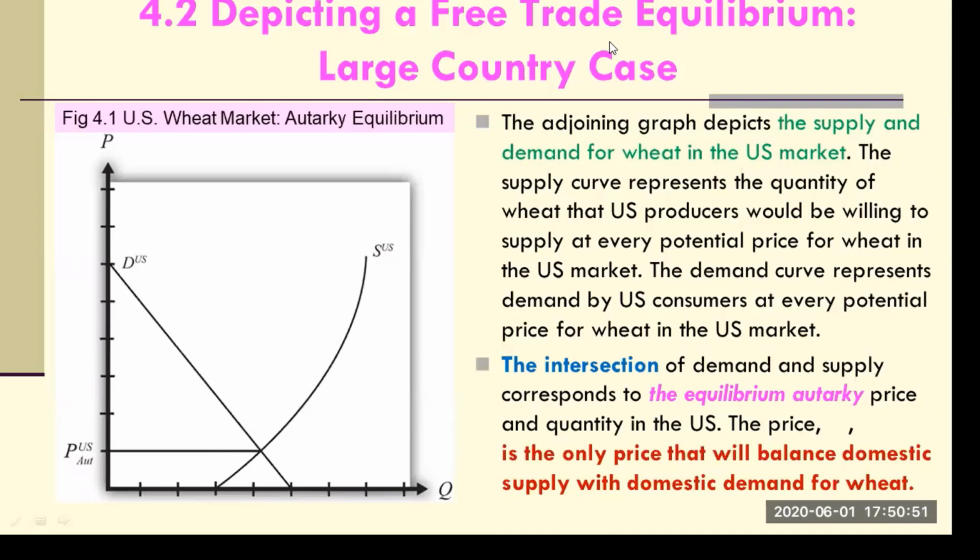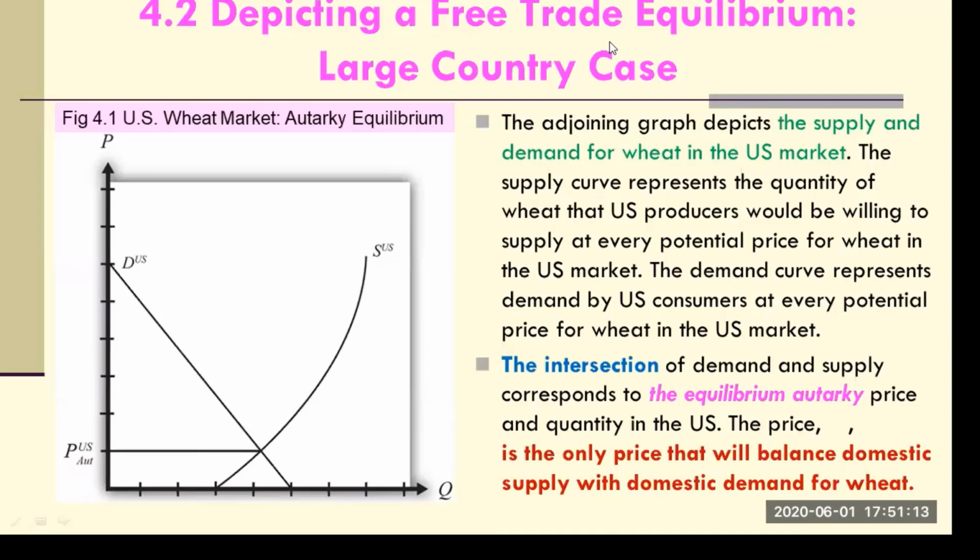The intersection between demand and supply here is an autarky equilibrium, the satisfaction within the country. This is the price of the autarky within the country.